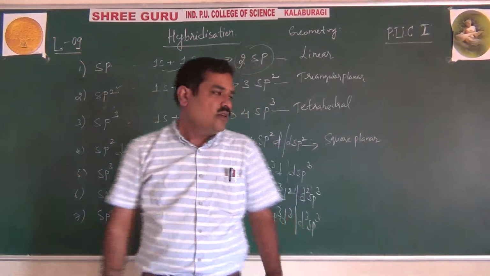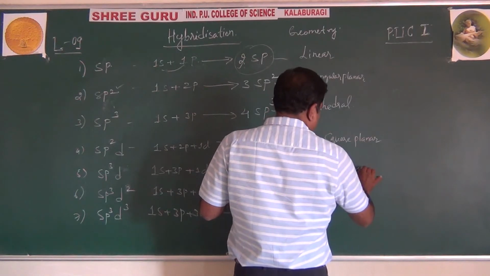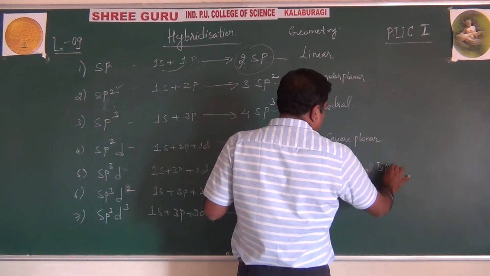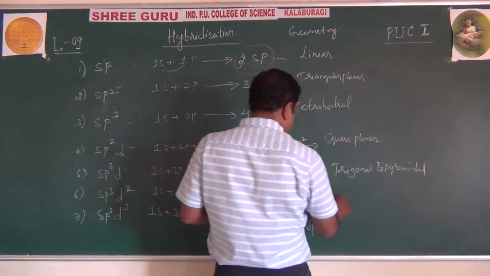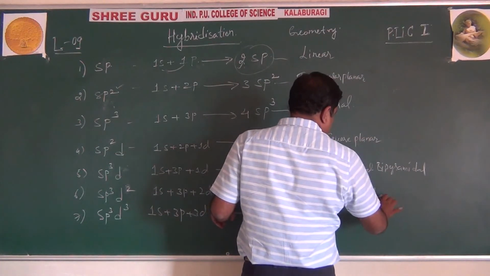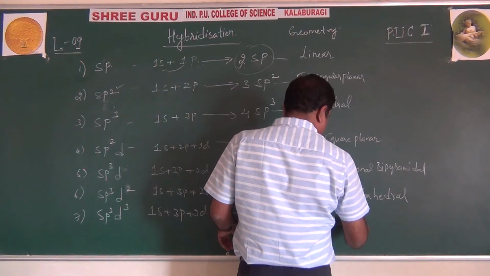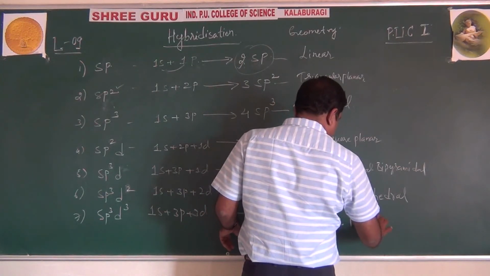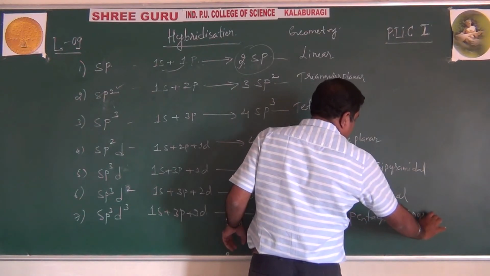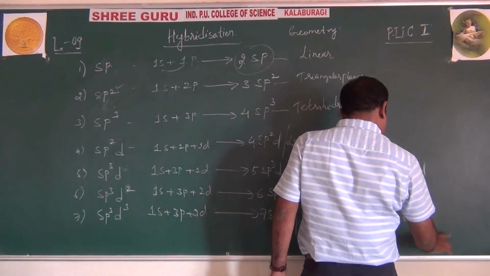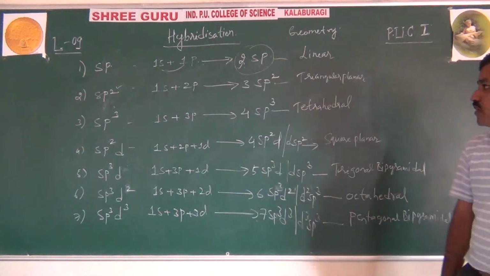Then for sp3d, trigonal bipyramidal structure, for sp3d2 octahedral, fixed octahedral geometry, and for sp3d3 pentagonal bipyramidal. These are the fixed geometrical shapes you have to remember.